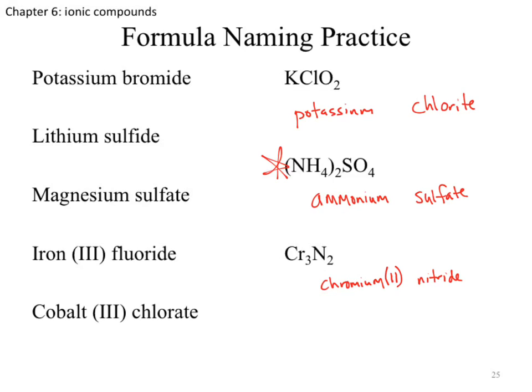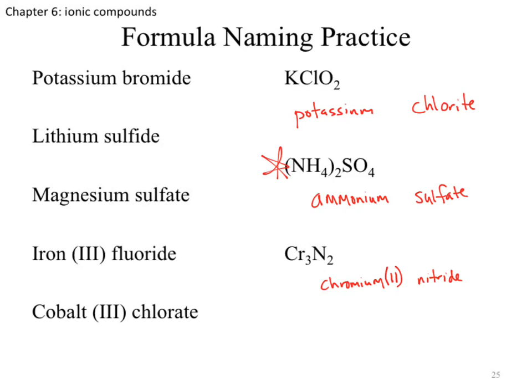How do you know that? It's one of those ones you would have to use the table for, because I didn't actually tell you to memorize that one. So you would just look it up and see what that formula corresponds to. It's also in lab. Doesn't matter, you still had to look it up. SO4 is sulfate. So there's the name straight down.